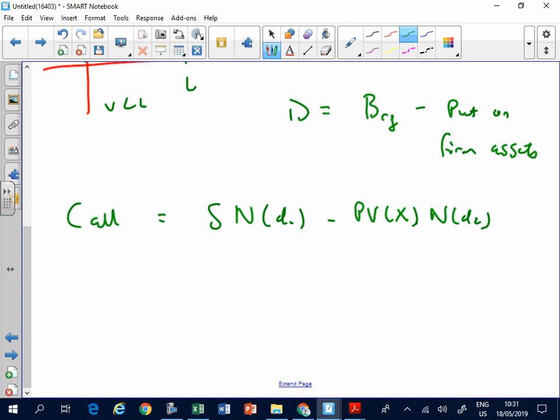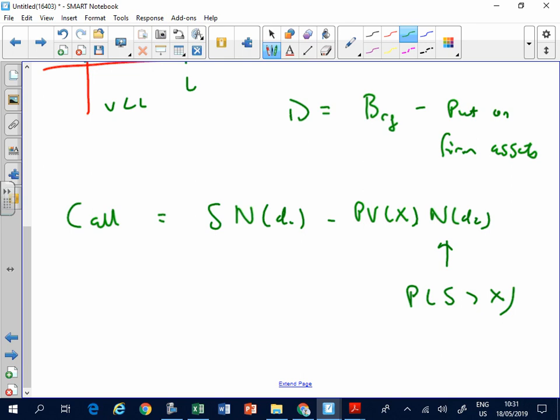This one is the PV of the strike price. What's that last term? It's the probability of expiring in the money. This is the probability that the stock price is greater than the strike price at the maturity date.